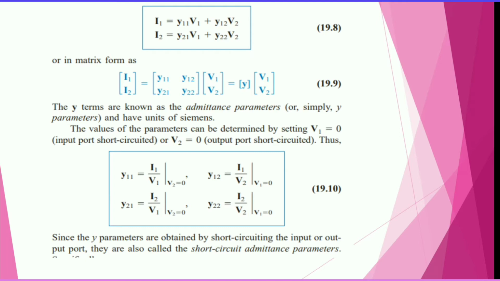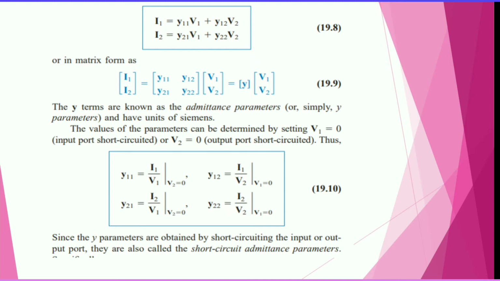I2 is equal to Y21 V1 plus Y22 V2. Or in matrix form, I1 and I2 equal the matrix Y11 Y12, Y21 Y22 times V1 and V2. The Y terms are known as the admittance parameters, or simply Y parameters, and have the unit Siemens.